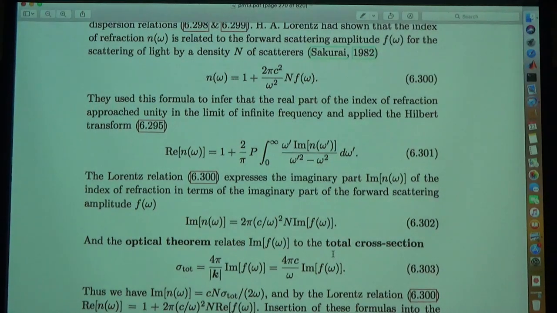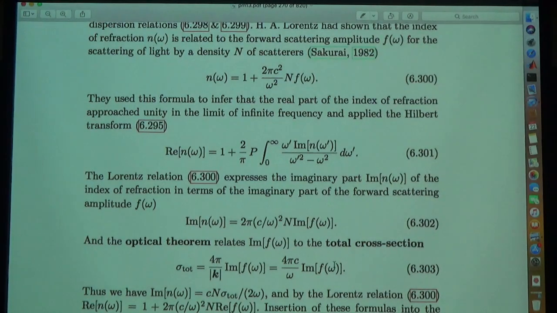It's one of the magical relations that sometimes occur in physics when you've got two things that you don't really have any hope of computing or fully understanding, but you're able, from some mathematical principle, such as the unitarity of the S matrix, to say that the total cross-section is related to the imaginary part of the forward scattering amplitude.